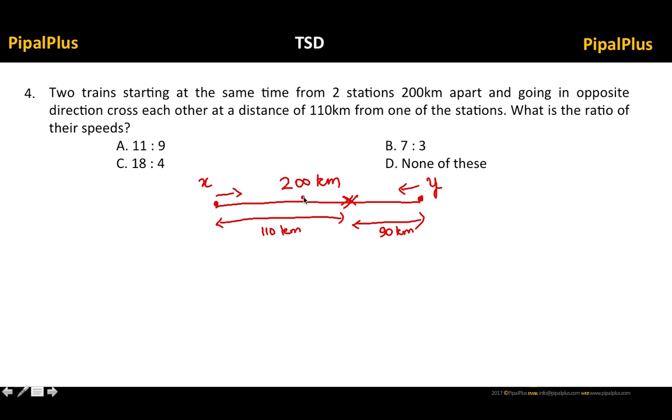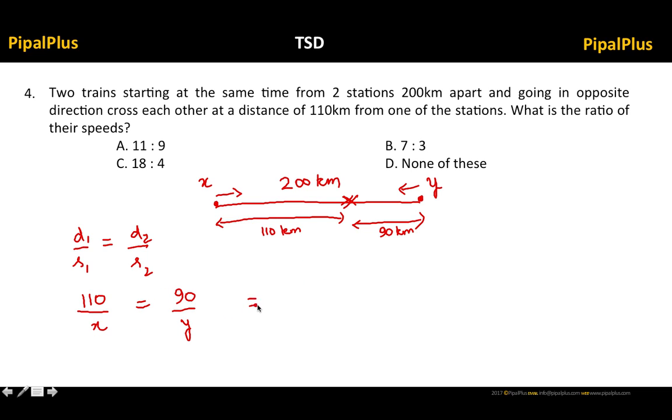So in the constant time situation, we know that d1 by s1 equals d2 by s2, right? So for this train, d1 is 110 kilometers and the speed is x. For the other train, the distance is 90 and the speed is y, right? And if we need to find out x over y, I take x here, cross multiply, and bring 90 here.